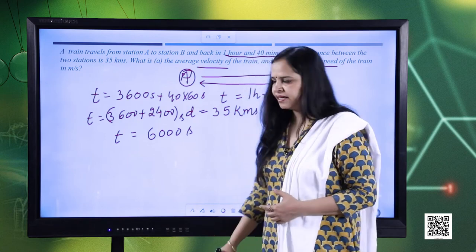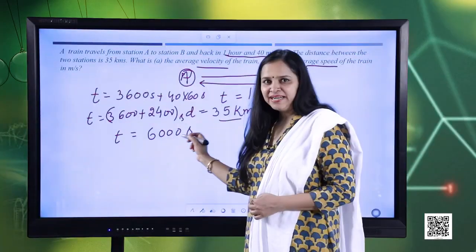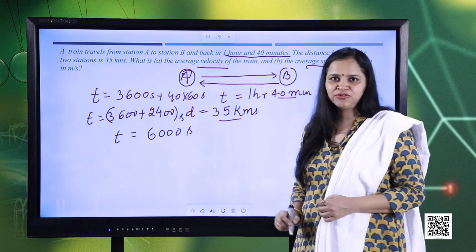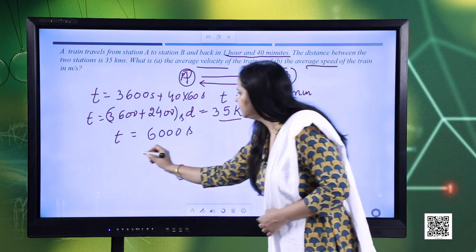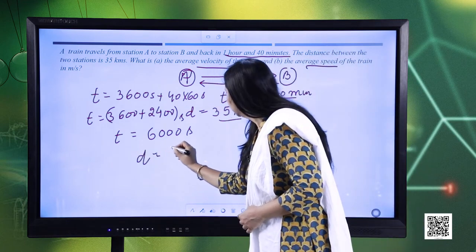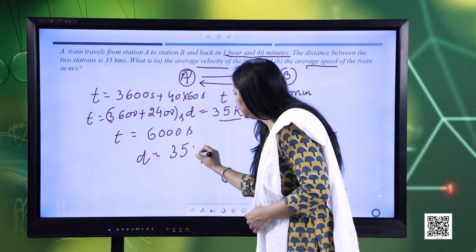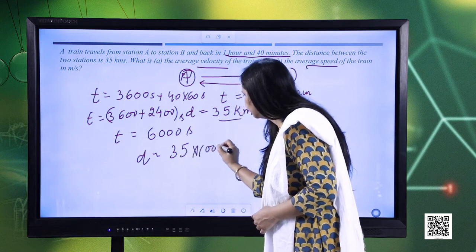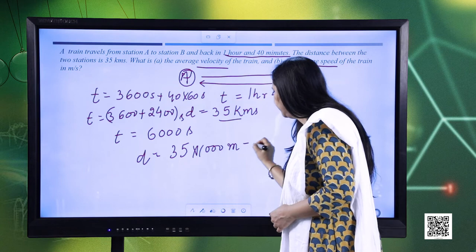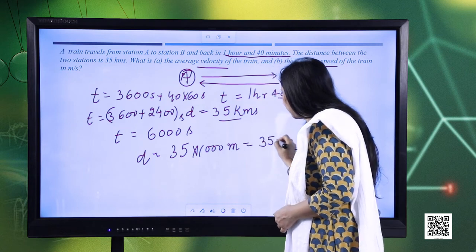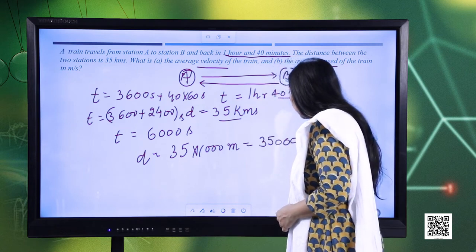This is the total time taken. Now, let's convert kilometers also into meters, so the distance will be equal to 35 into 1000 meters. So, finally, it is 35,000 meters.